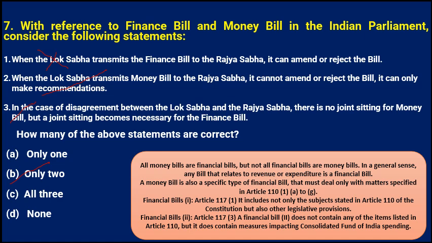Here you can see this: all money bills are financial bills, but all financial bills are not money bills. Now let us see what a money bill is, what a financial bill is, and what the types of financial bills are. I mentioned them here. You can make notes of this.